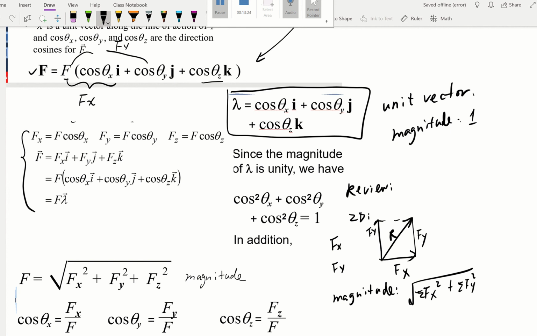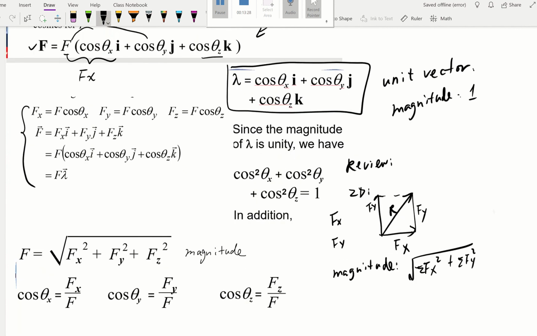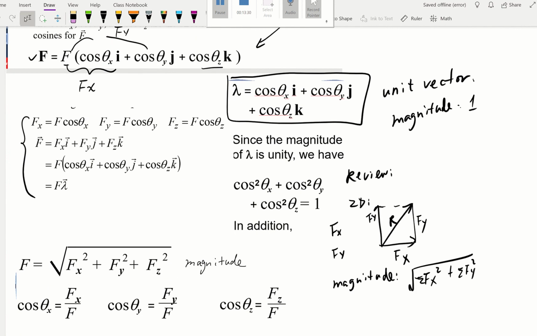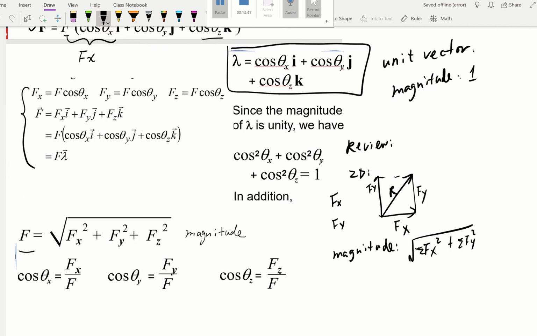Knowing that, we are going to borrow the same concept from 2D to 3D. So if it's 3-dimensional like where we are now, then for this force here, what's the magnitude? The magnitude is going to be Fx squared plus Fy squared, then plus Fz squared, and take a square root, because we're actually doing Pythagorean twice.